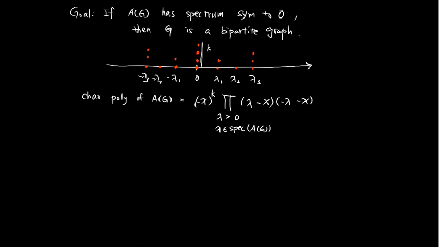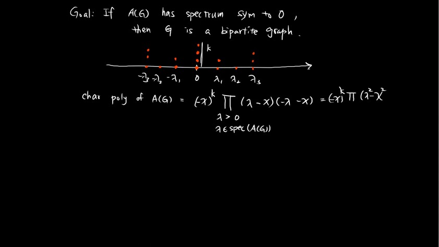So if the eigenvalues are symmetric to 0, then you can write the characteristic polynomial in this form, and the latter part can be combined. Then it looks like minus x to a certain power, times the product of x squared minus lambda squared.